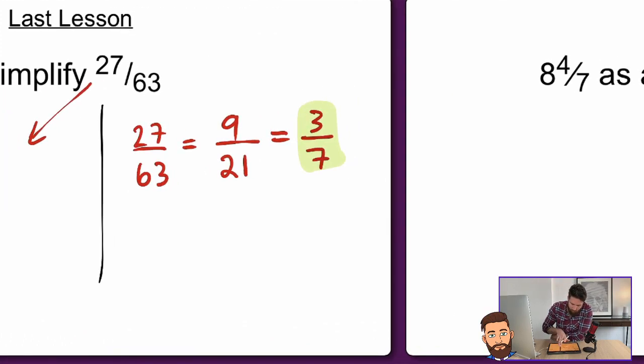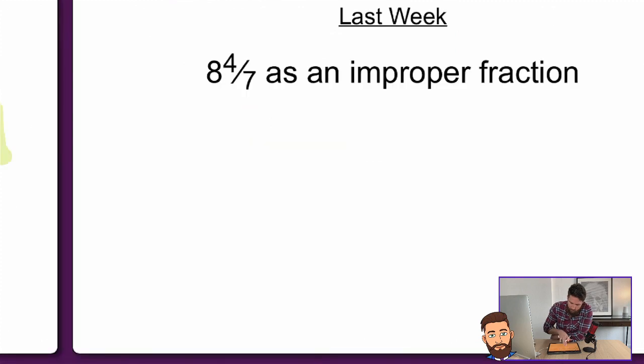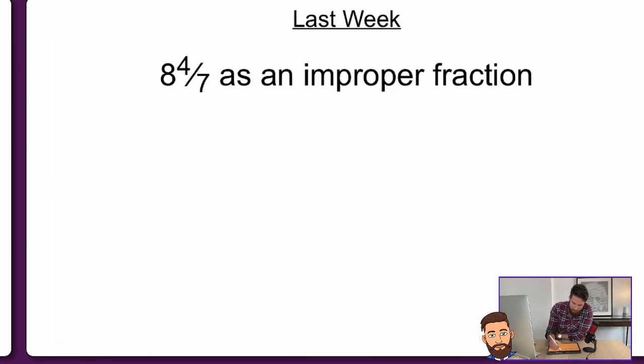Moving over to the top right, we have been asked to convert this mixed number, remember, this is a mixed number because it has a whole number and a fraction, into an improper fraction. And remember, an improper fraction is a top-heavy one where the top is bigger than the bottom. To do this, if you recall, we take the denominator, we times it by the whole number, and then we add the numerator.